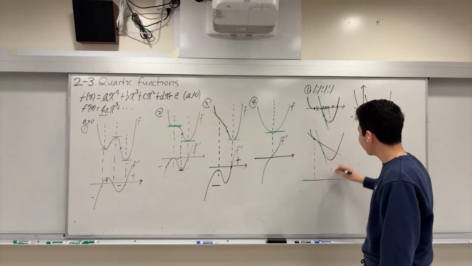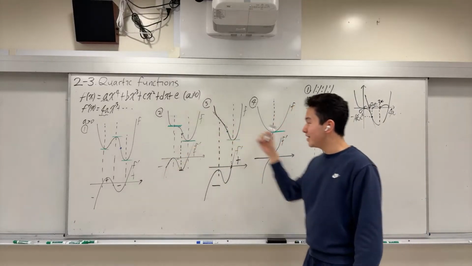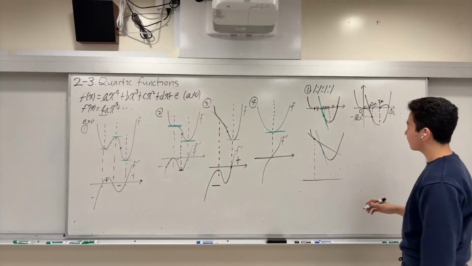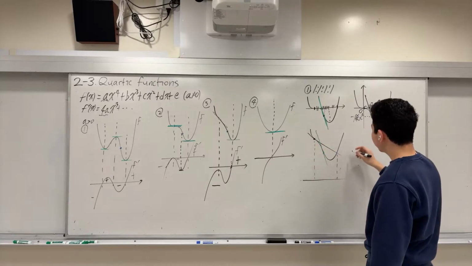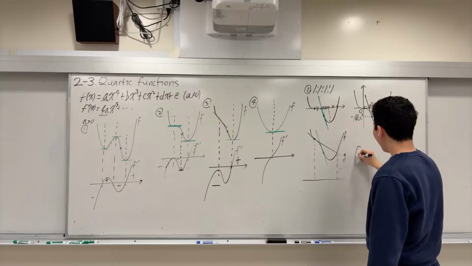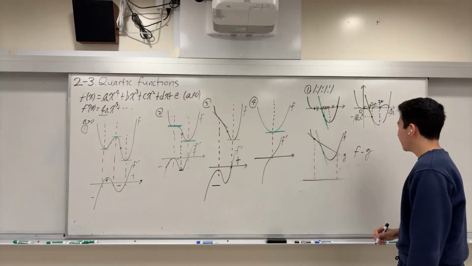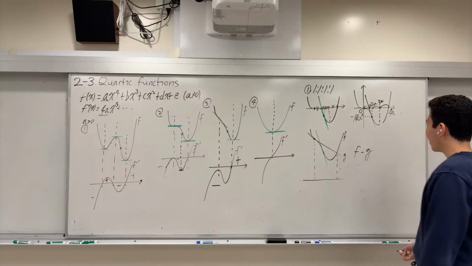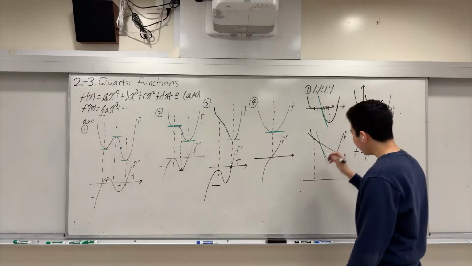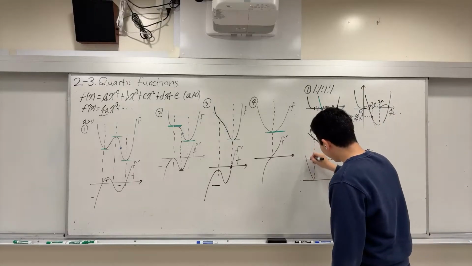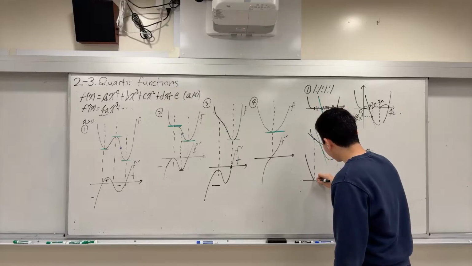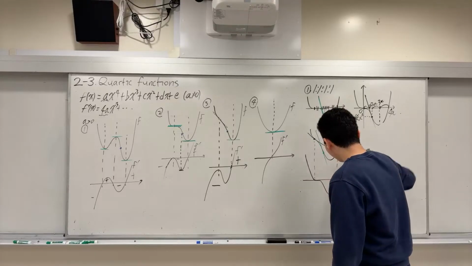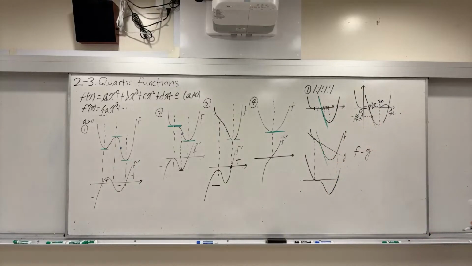You don't have to assign names to them, but since I drew them in this order, I'm just referencing them for your convenience. So if we do, let's say f and g, if we do f minus g, subtract the linear from the quadratic, then our curve is going to look like this. It's going to have a derivative of 0 at this point, and then it will go down, and then it will go up like that, right?